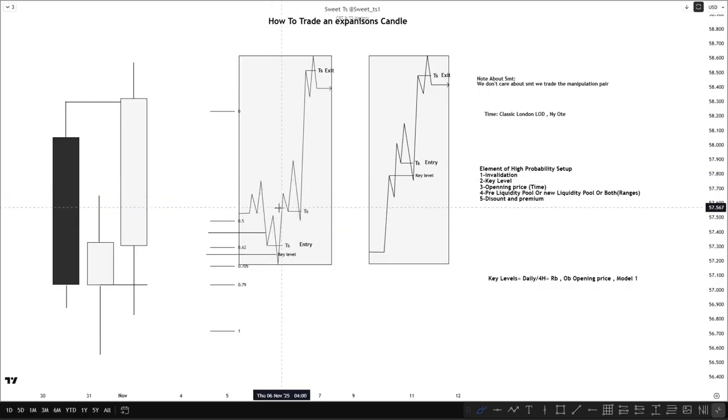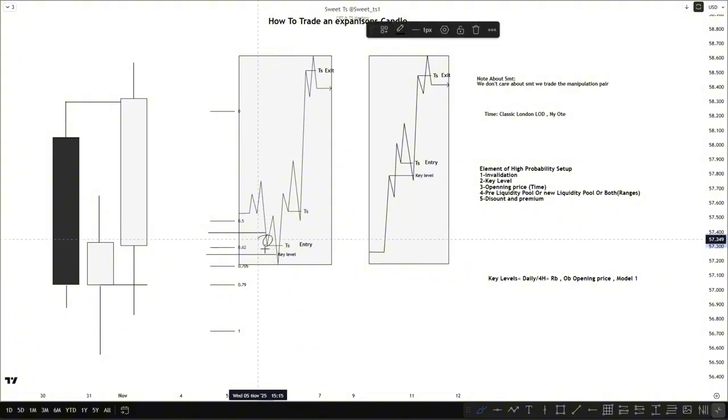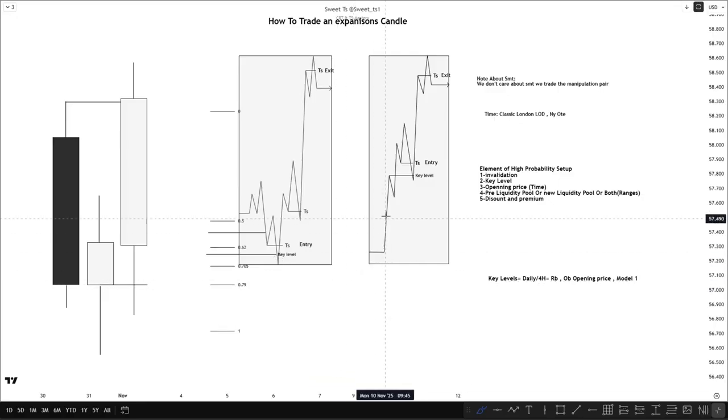So this is the classic buy candle, right? Asia low, London SMR, expansion, New York OTE, one profile. And the second profile, and before going to the second profile, we are blending everything here. So we have a pre-liquidity pool, we have the fib, and we also have the key level.